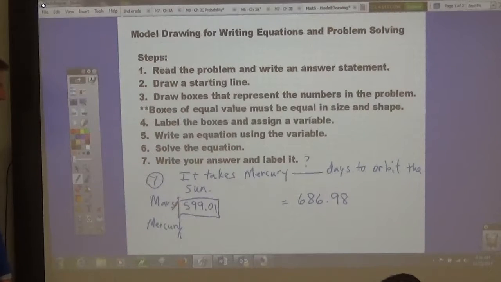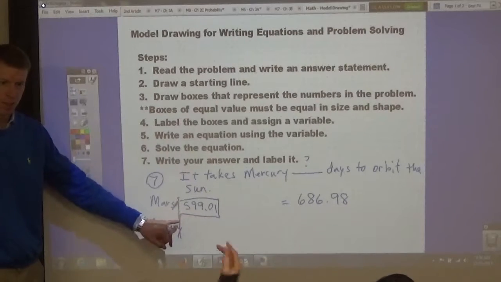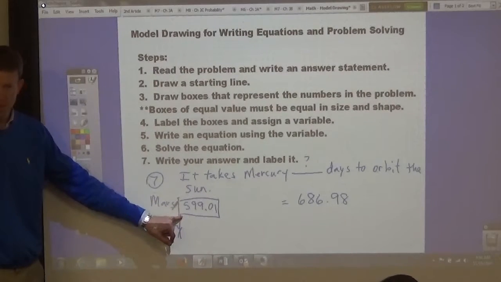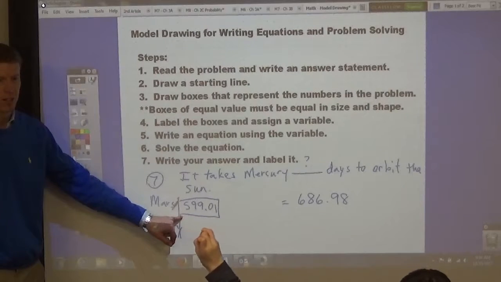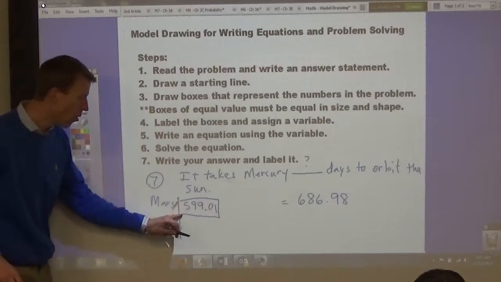And this one is for Mars or Mercury? Is this number, well, go back and reread. It says, the planet Mars takes 599.1 days longer than Mercury. Days more.